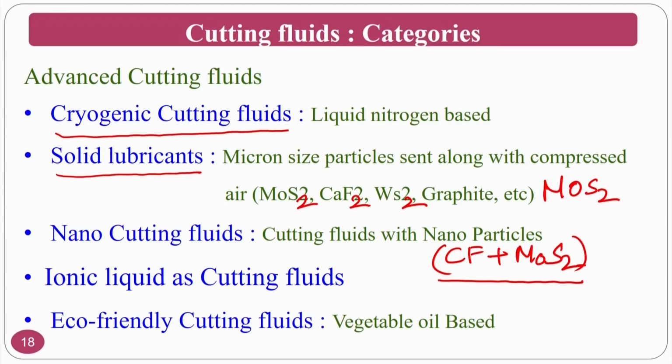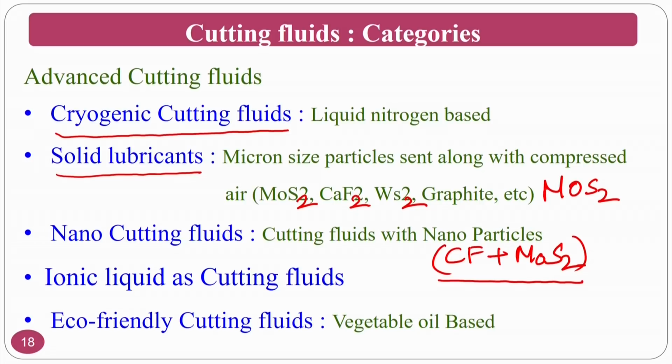So ionic liquids as cutting fluids, this is one of the recently seen papers where the ionic liquids are also used as the cutting fluids, but mostly these ionic liquids are used for the lubrication purpose. These are very good lubricants.